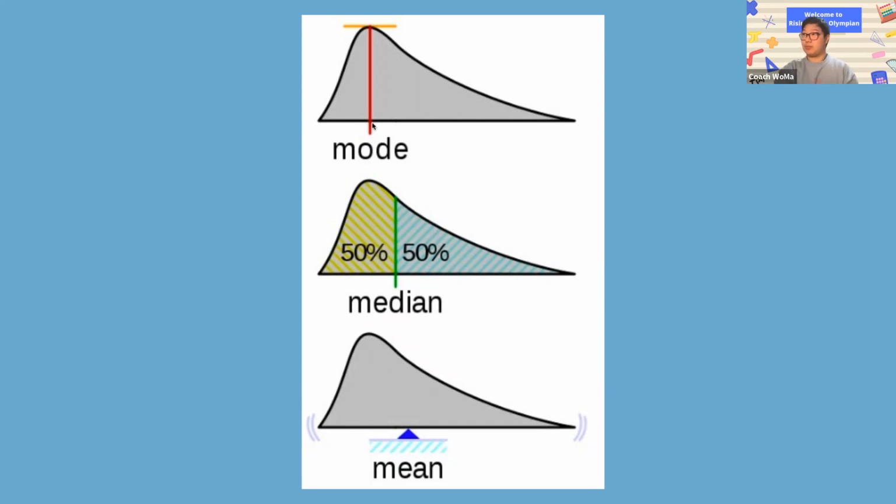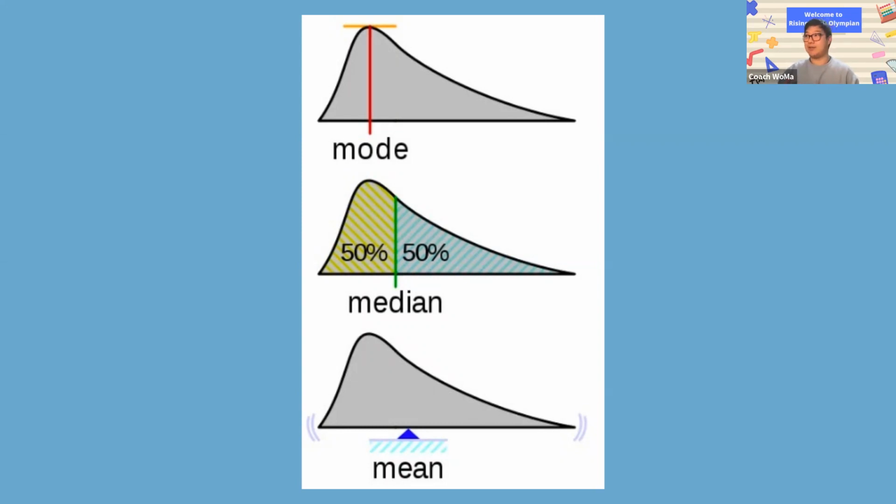The median will make the area of both sides 50-50. And then the mean is going to be such that if you put your whole distribution on this fulcrum, it's going to be balanced. So there's an equal amount of weight on the left and the right. So that's why these two are actually a bit different. They're both a sense of the middle, but they're a bit different.